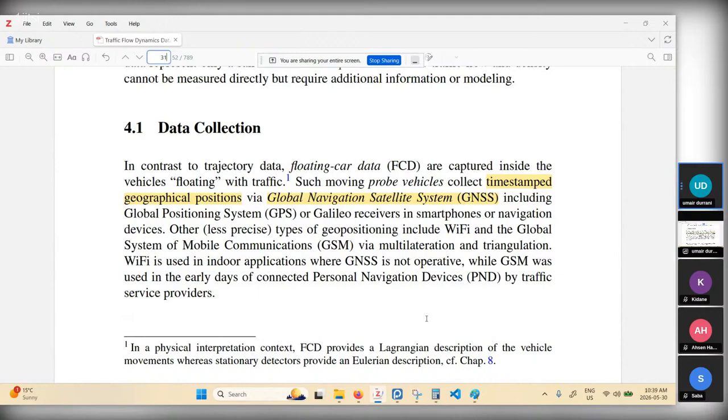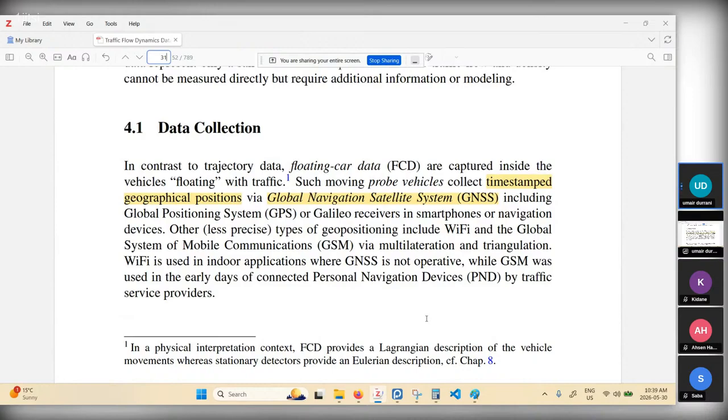So instead of looking at vehicles from a camera, either by putting a camera at the top of a tall building or using a drone, unmanned vehicles, as was mentioned in the trajectory chapter, we are looking at data obtained only from a single vehicle at a time. And we call that floating car data because we are assuming that the vehicle is floating within that traffic.